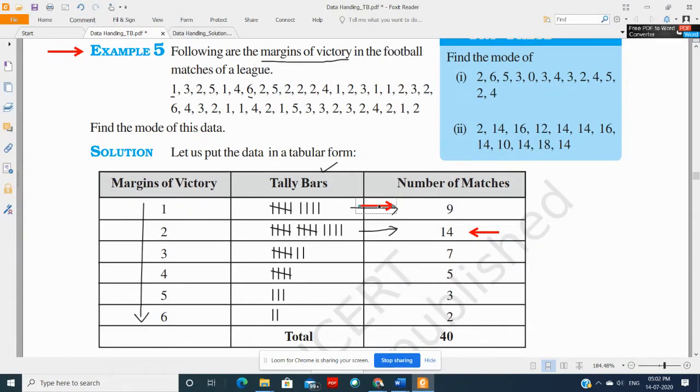See, 14 is not a number here, so don't get confused. These are the frequencies. 14 times this number has repeated, but which number has repeated? 2. So 2 is our mode.